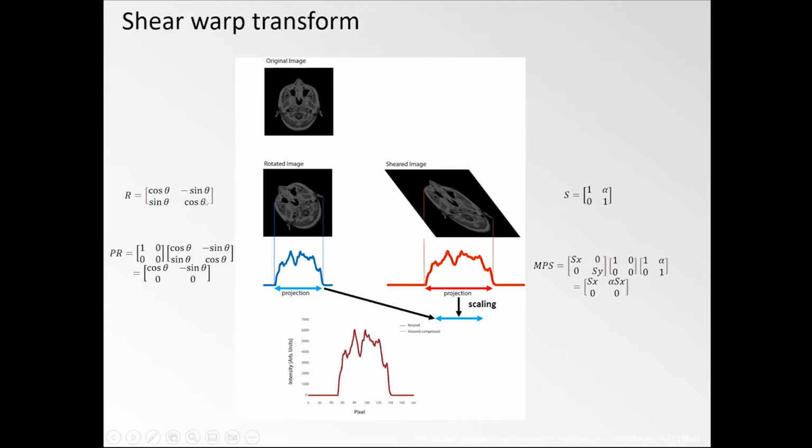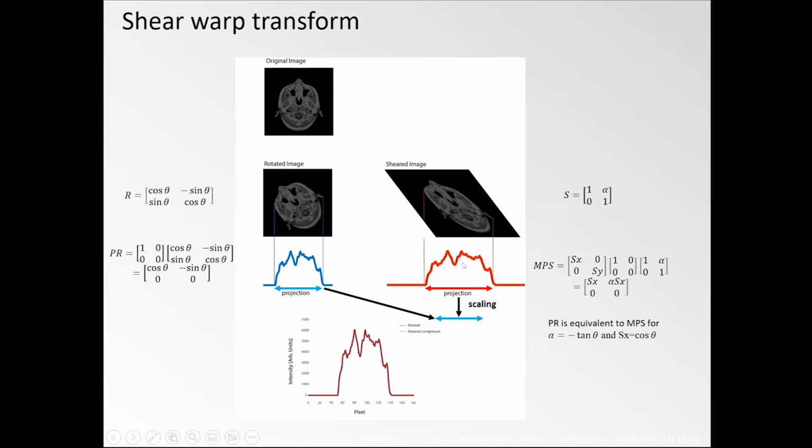And here is some of the math. Maybe I won't go into full detail. This is the rotation matrix, and this is the shear matrix. And this 1, 0, 0, 0 here is the projection, so you project along this axis, which simplifies the matrix. If you allow scaling, here is a scaling matrix, projection, and shear, and you find an expression like this. If you choose Sx and Asx, these parameters, correctly, you can find for any rotation angle a shear and a scaling factor that give you the same projection.